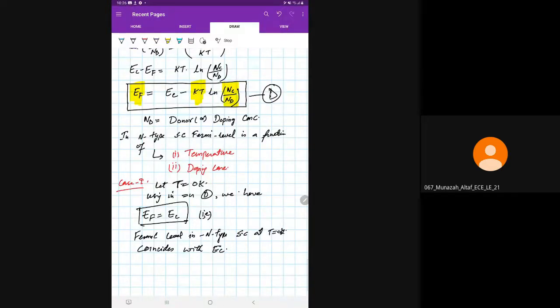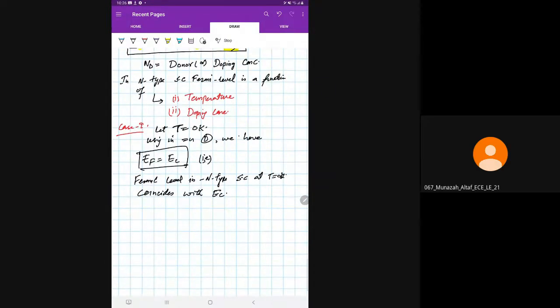That means that at 0 Kelvin this Fermi energy coincides with EC, or we can say the N-type semiconductor at 0 Kelvin is an insulator, because no charge carrier concentration is present in the conduction band. We can represent this in this way.